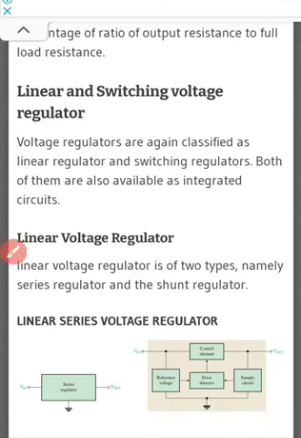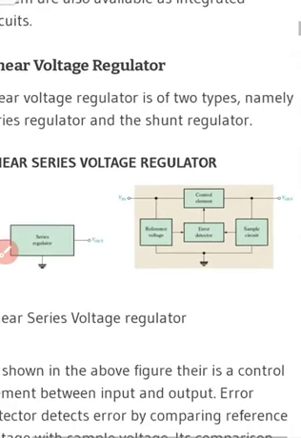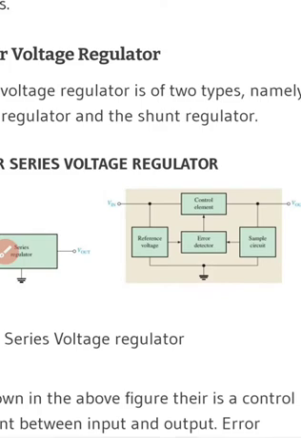In the case of the linear voltage regulator, there is generally the series regulator and the shunt regulator. As you can see in the linear series voltage regulator, there is an error detector which feeds back the sample to the input.